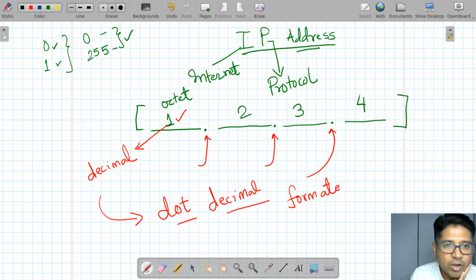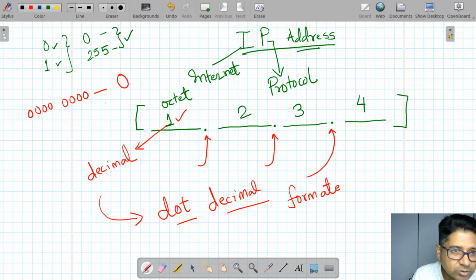So octet means 8 bit. If you see 0000, if all 8 bits are zeros, the number will be 0. If all the bits are 1, the number will be 255.